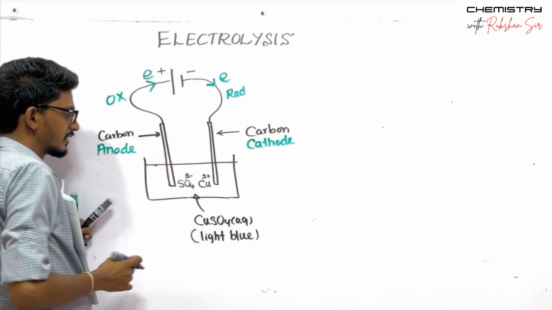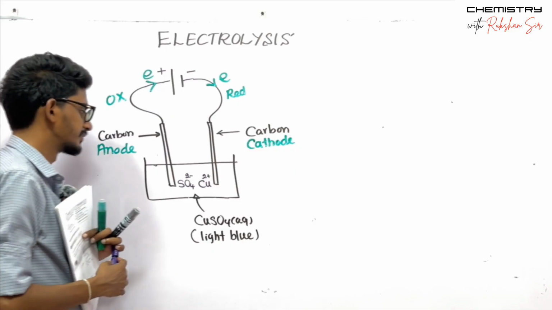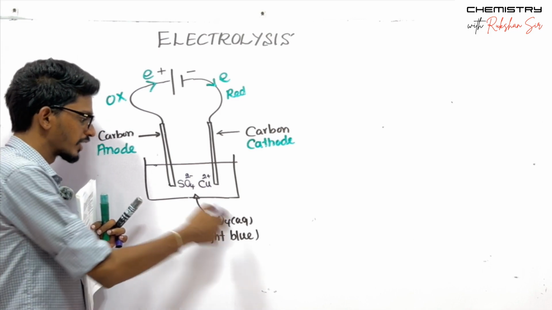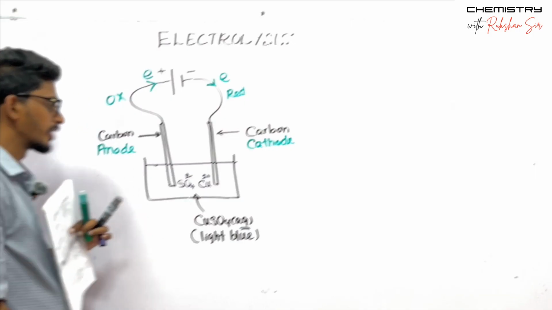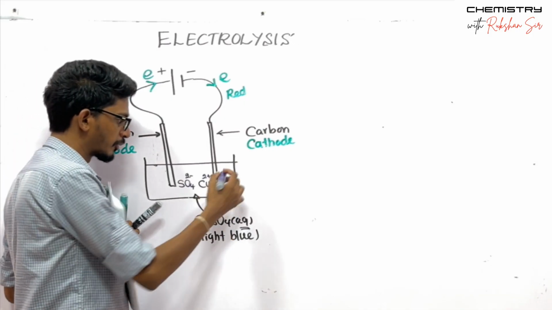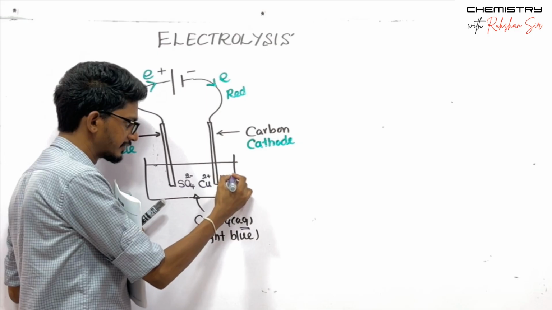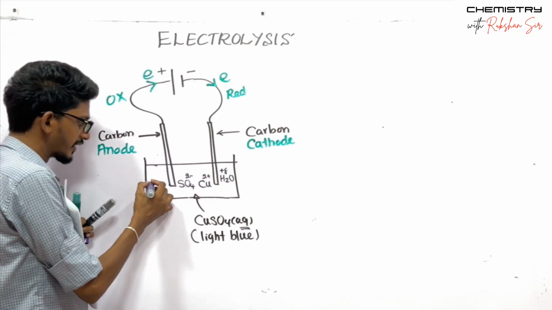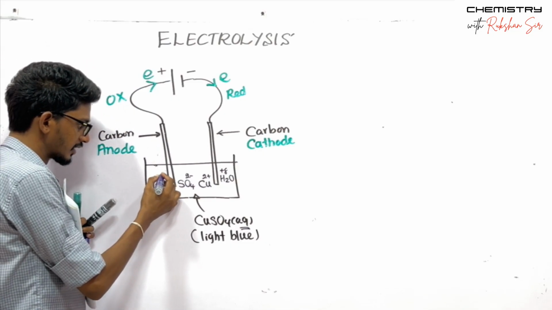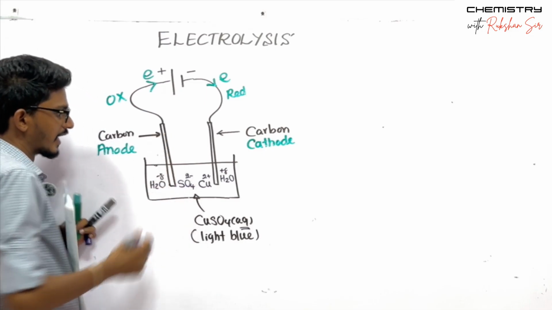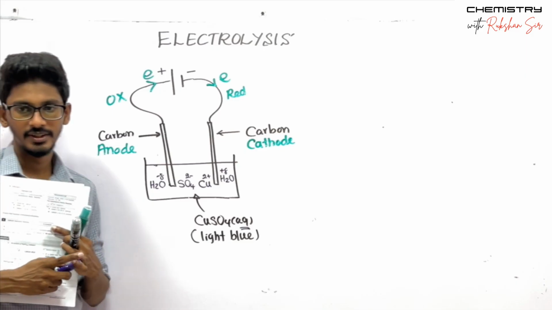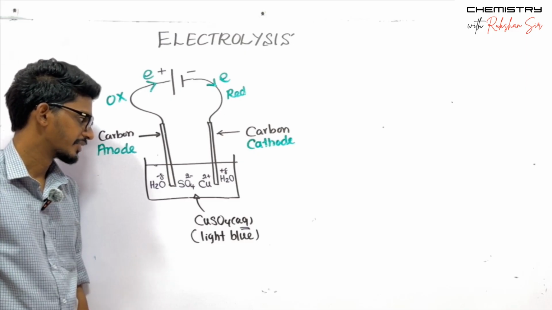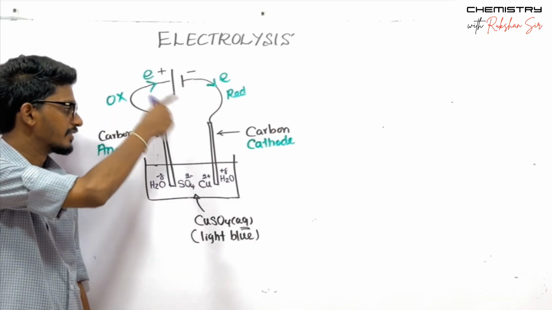Opposite charges attract. Not only these two, but water is also there. Water, from its positive terminal, the hydrogen, will attract towards the cathode. Water, from its negative delta terminal, the oxygen, will attract to the anode. That is how the particles in the solution behave when the power is supplied to the system.